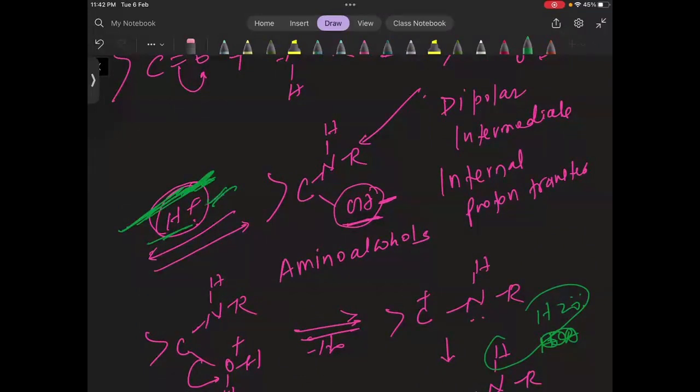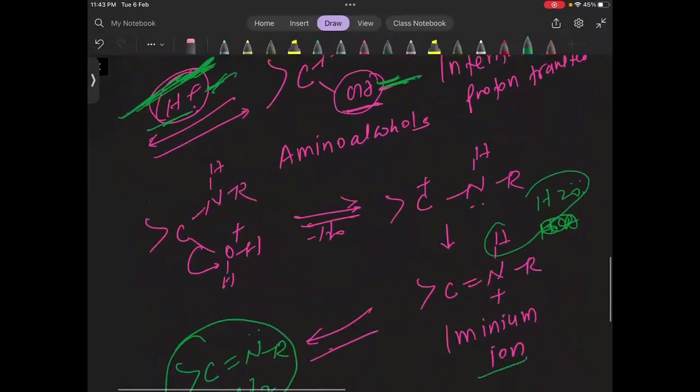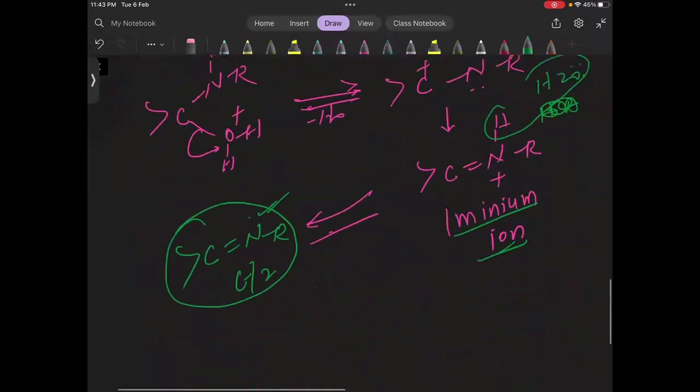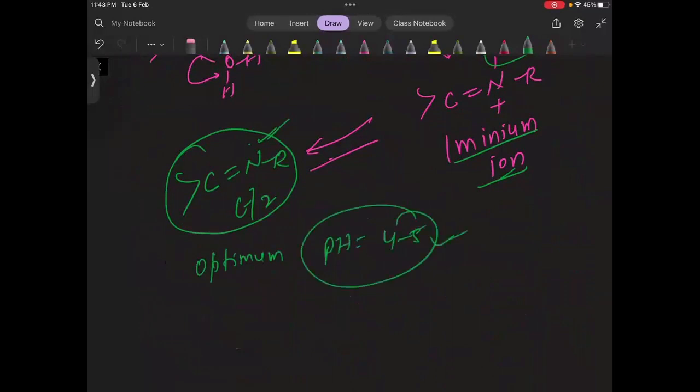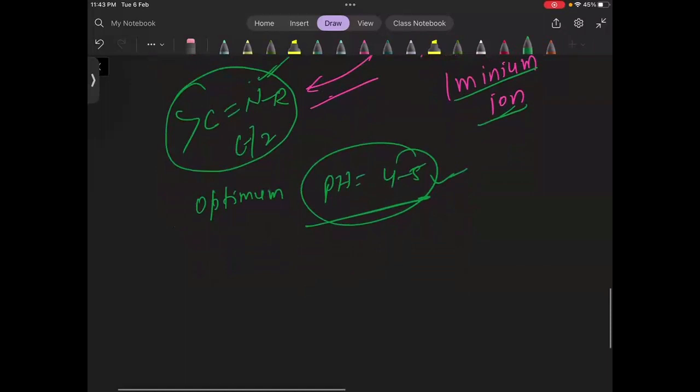Second, if H plus is not in the optimum range, then this OH, which is a strong nucleophile, cannot leave its position. Since it will not leave, it will not form the ammonium ion. Hence, the reaction will not occur, or you can say the reaction will move very slowly. Therefore, the optimum pH is 4 to 5 for this amine formation. Correct? I hope you understood it.